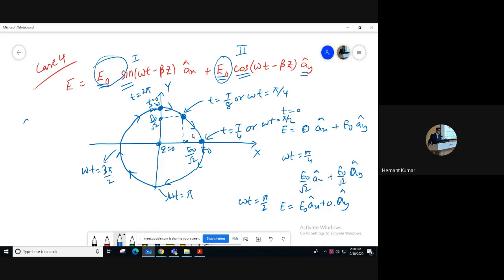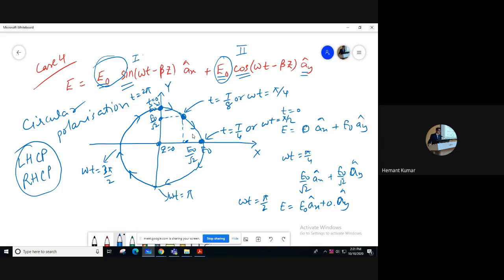In circular polarization also, we have whether it is left hand circularly polarized or right hand circularly polarized. So it is divided into two parts. It's very simple.